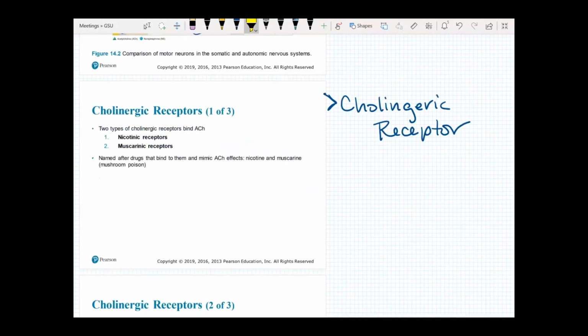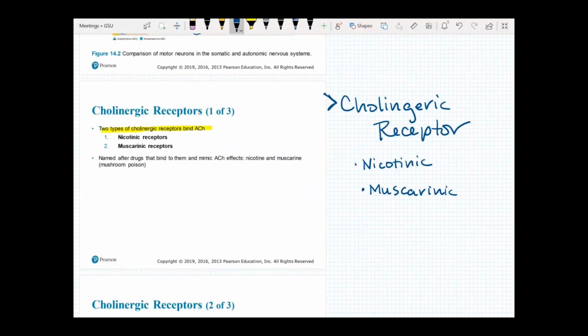It could also be the parasympathetic effector gland. There are two types of cholinergic receptors that will bind ACH: a nicotinic receptor and a muscarinic receptor. These are the two receptors that accept ACH.